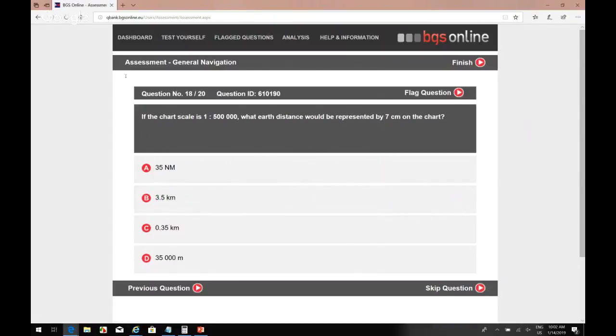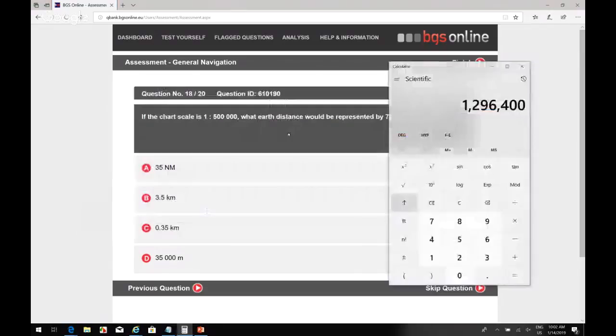If the chart scale is 1 to 500,000, what Earth distance is represented by 7 centimeters? So we'll say 500,000 times 7, divide by 100, divide by 1852. So our Earth distance is 19 nautical miles, approximately, which is not there as an answer.